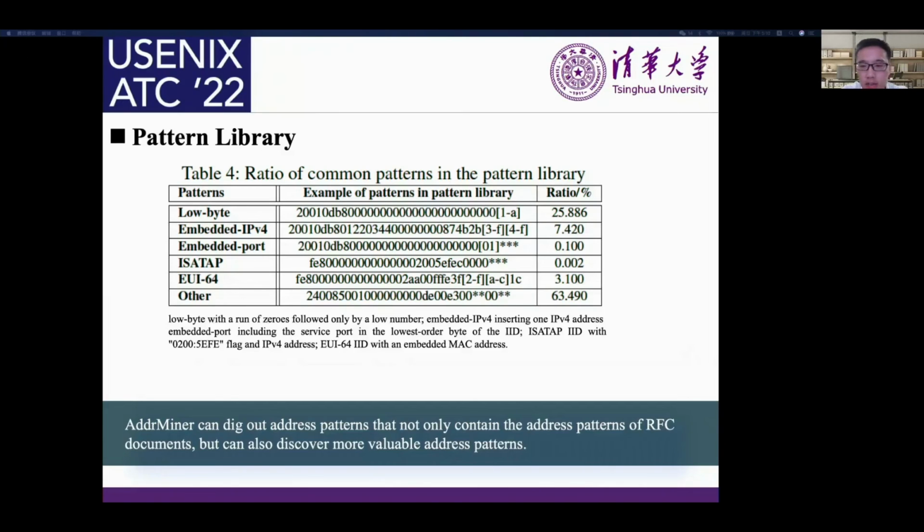Although such address patterns don't correspond to the address patterns known from RFC documents, their stronger regularity can reduce the difficulty of brute force scanning of such addresses and improve the efficiency of address probing.